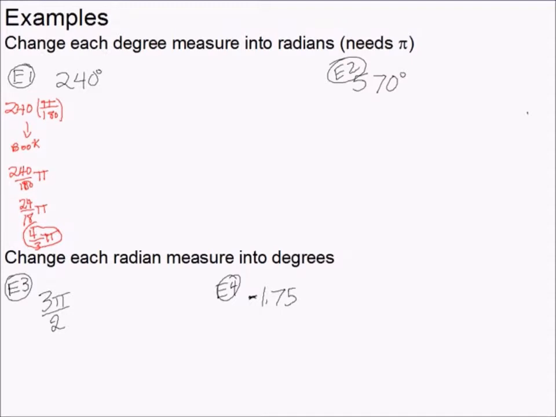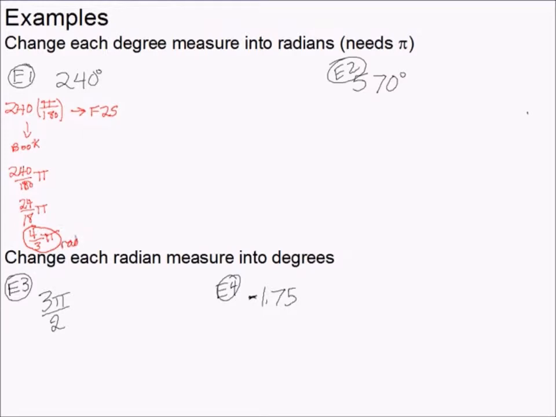Let's circle that a little bit more efficiently. Okay. The way I do it, I just plug this thing into the calculator and get my decimal. So right here, this would be 4 pi over 3 radians.